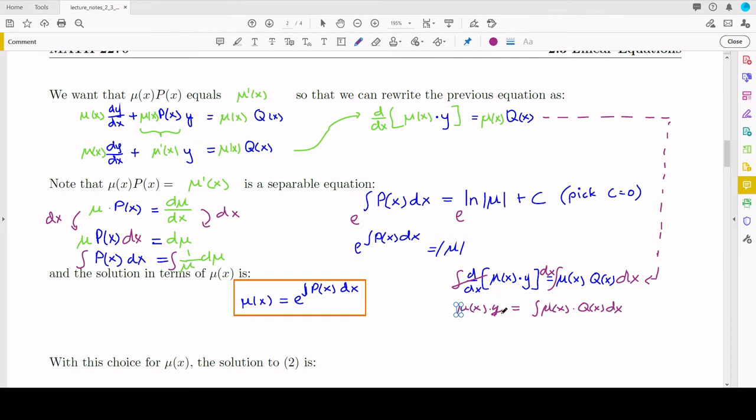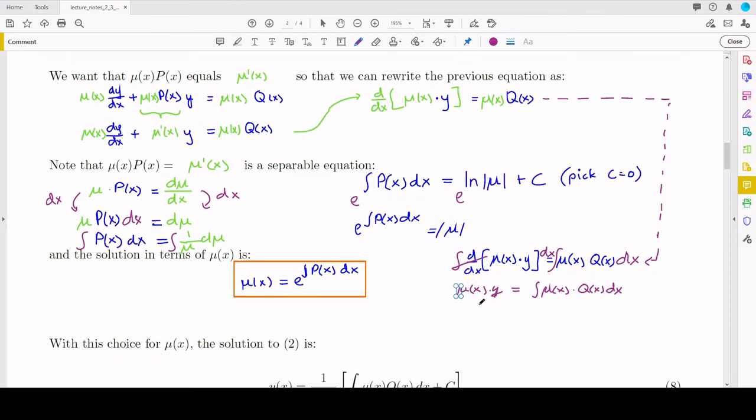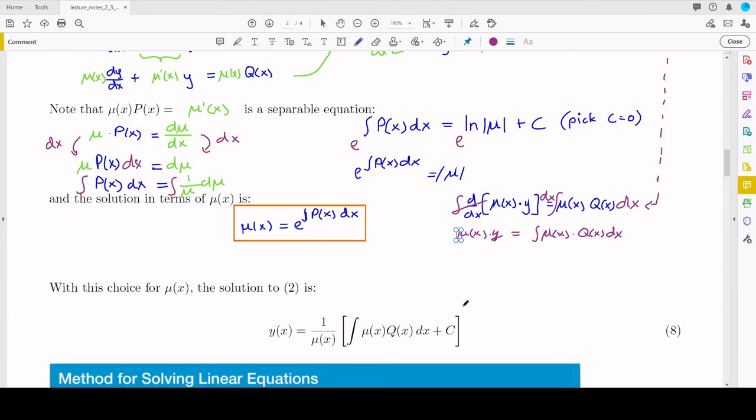And we can solve that for y by dividing by mu of x. So that's our final solution here. y of x equals 1 over mu of x, which is called the integrating factor.